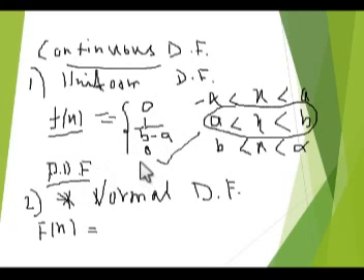If you wish to find the probability distribution function, you need to integrate it. So this is the PDF, the probability density function of the normal distribution.